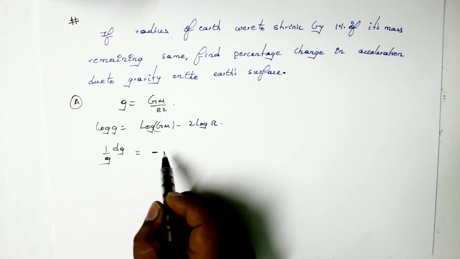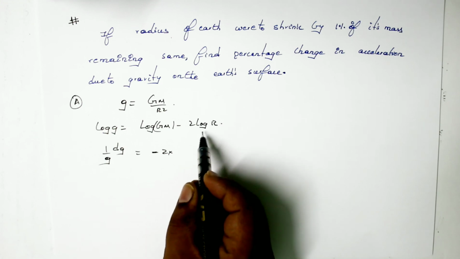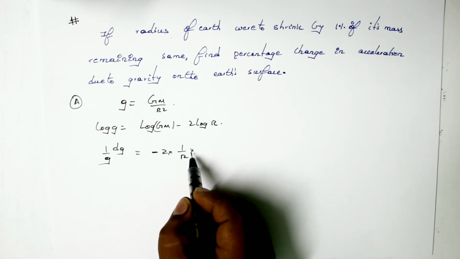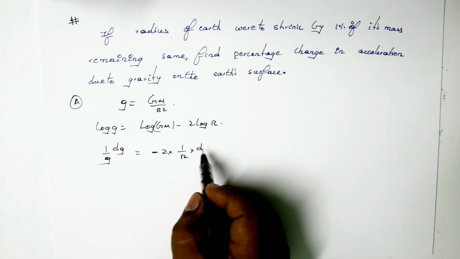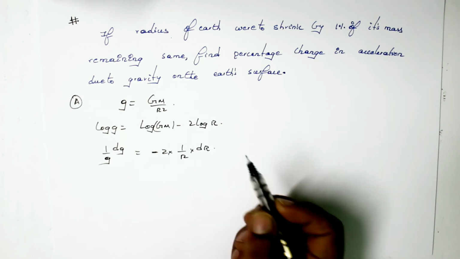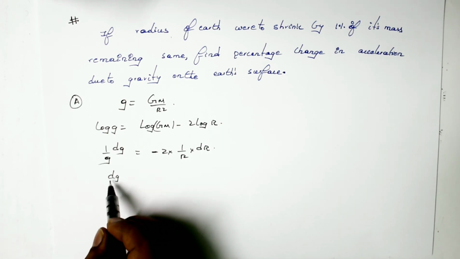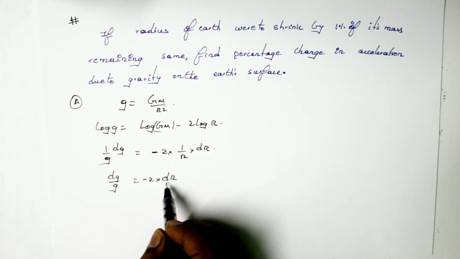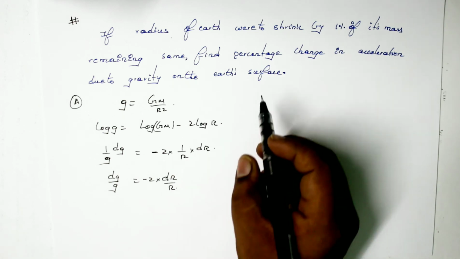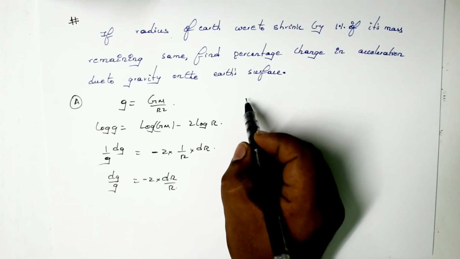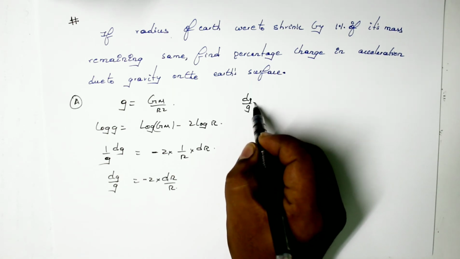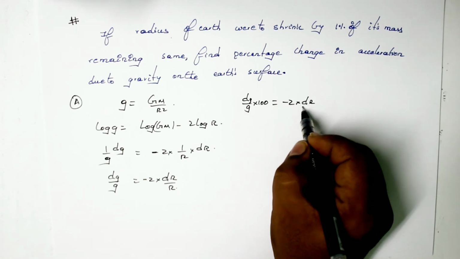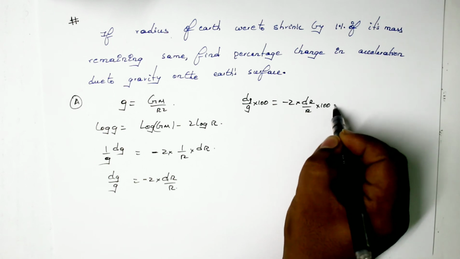Minus 2 into log R: differentiation of log R is 1 by R, and R I have not differentiated, so again I will write dR. So dg by g is equal to minus 2 into dR divided by R. Now if you multiply both sides by 100, then dg by g into 100 is equal to minus 2 into dR by R into 100.